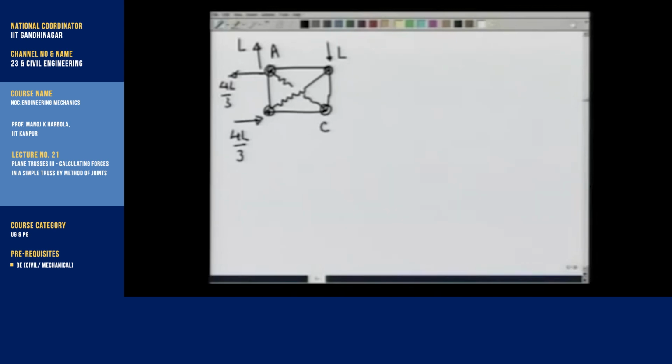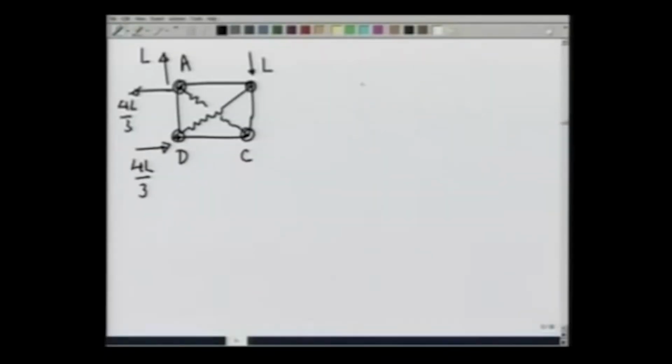This is point C, this is point D. Let us take the joint D or pin at D and see what the forces on D are.